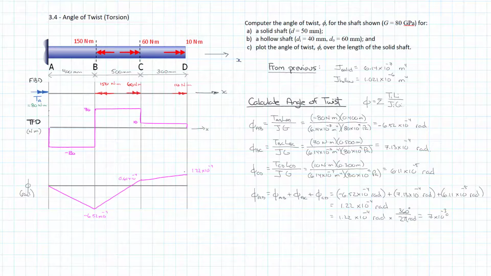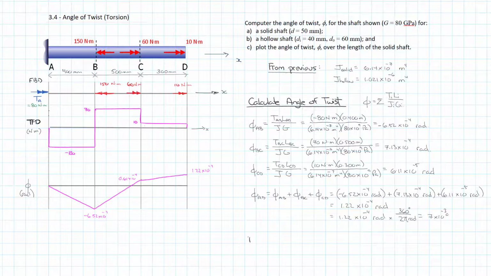Now, part of the question asked us, what about the hollow shaft? So because J is applied linearly with no exponents or anything else, we can just do a ratio of the polar moments of inertia in order to figure out what that was. So let me just label what I'm doing here.